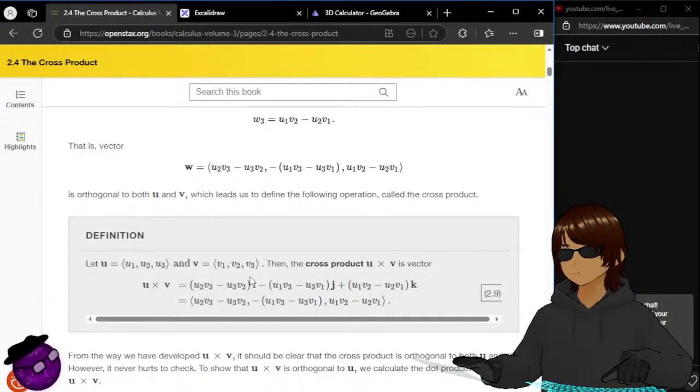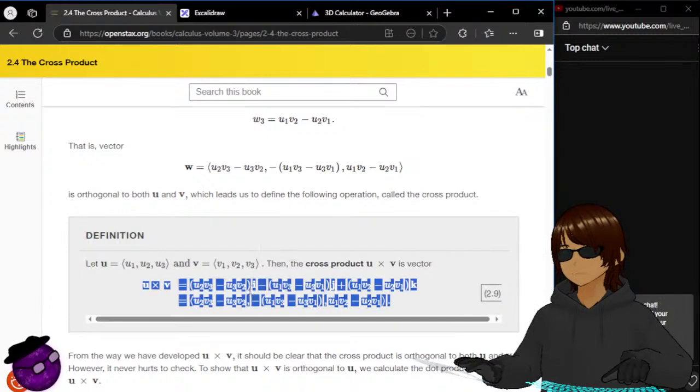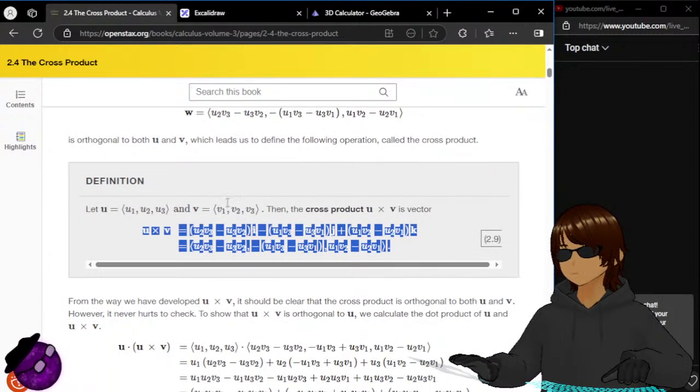So in this direction, if you want to find the first value, we do u2 v3 minus u3 v2.